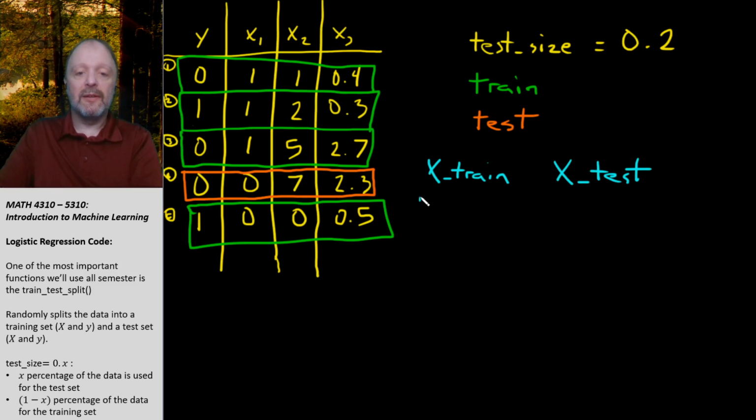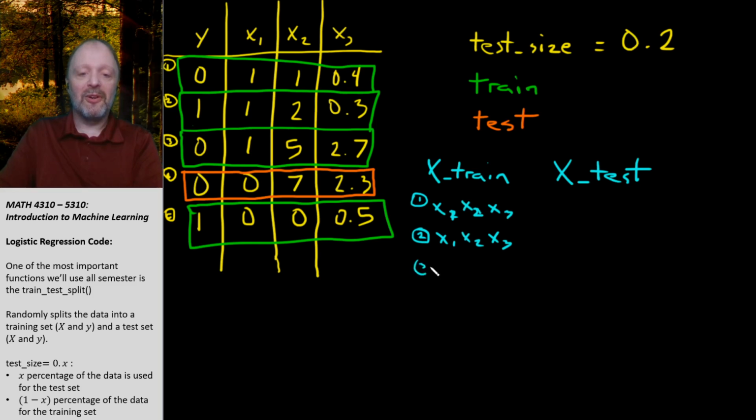Then the second example, x1, x2, x3, whatever those are. They're up there, but I don't want to write them.